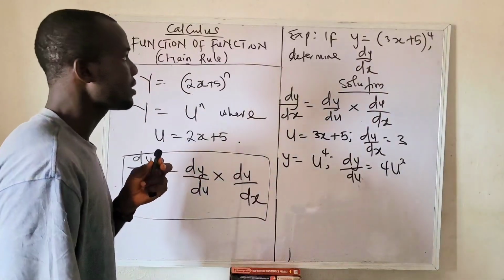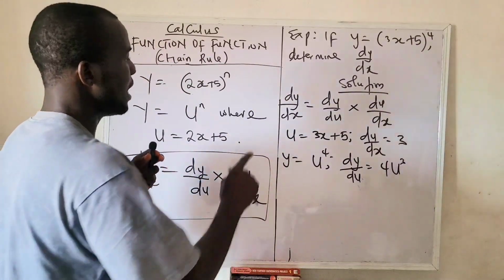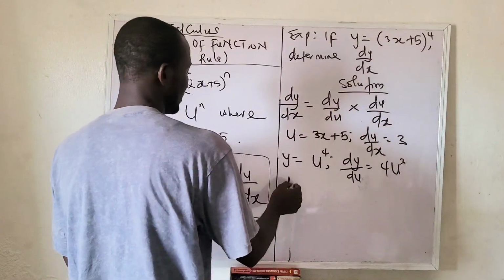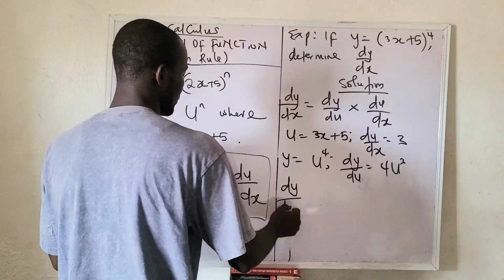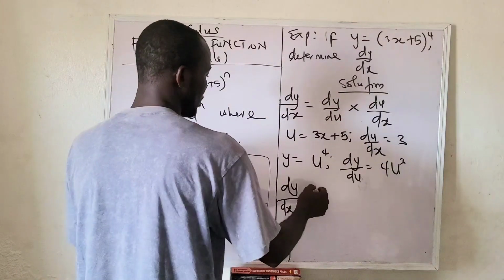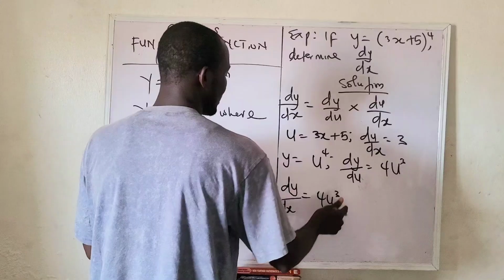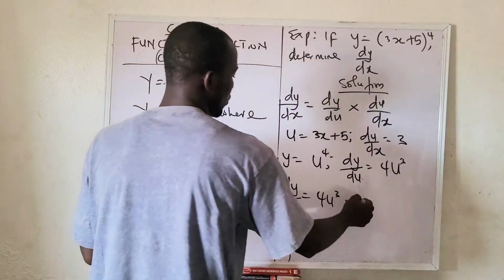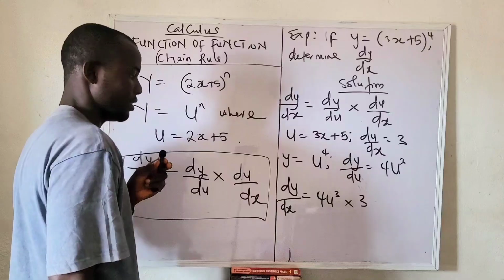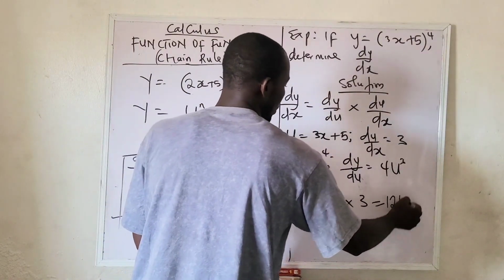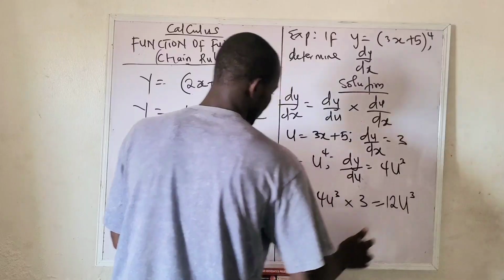If that is the case, we will go ahead and represent this. So dy over dx equals, what is our dy over du? We got it to be 4u raised to power 3 times, what's our du over dx? We got it as 3, isn't it? And this will be 12u raised to power 3.